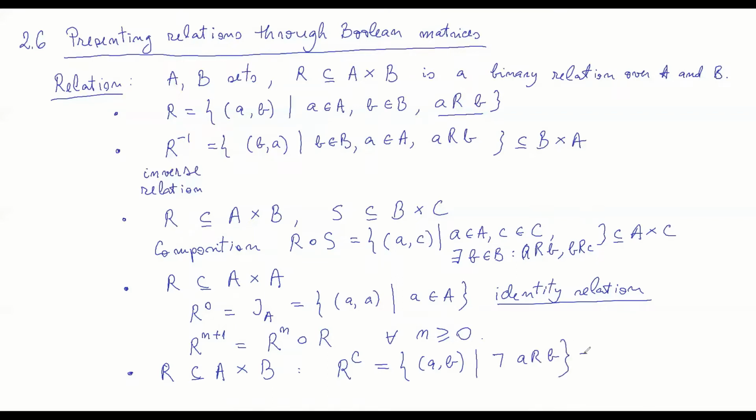So this is exactly the complement of R with respect to the full set A times B. So this is called the complement of R. And again, the intuitive idea for the complement is that you are going to collect in the complement relation all those elements that are not present in R. So the complement is really all the remaining elements that are not in R.